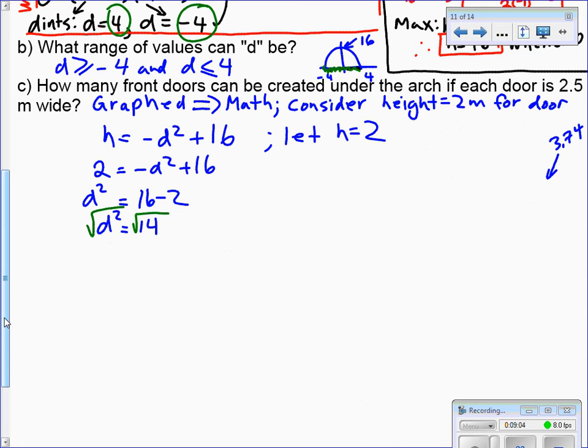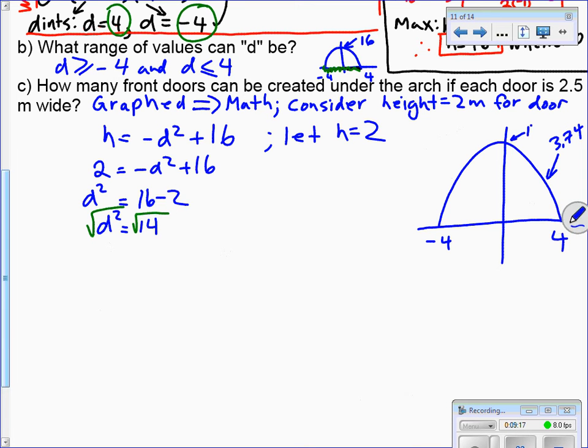Now, remember, our parabola went from -4 to +4, okay? With a maximum of 16 here along the h-axis. And this was our d-axis, all right?